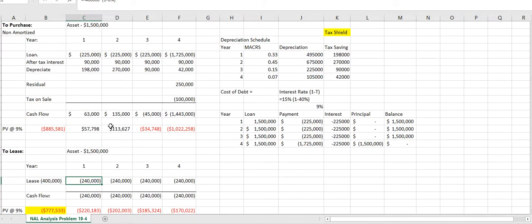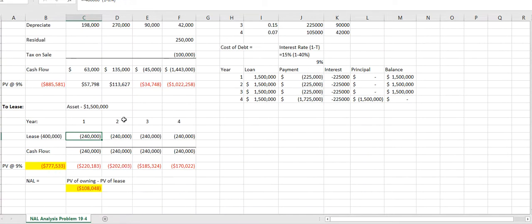Just like we're doing in case number 3 this week, you do a discounted cash flow analysis to determine today it's costing me $885,000 at my cost of capital, which is 9%, to buy this asset for $1.5 million, taking into account all the tax shields that you get off that, interest and depreciation.